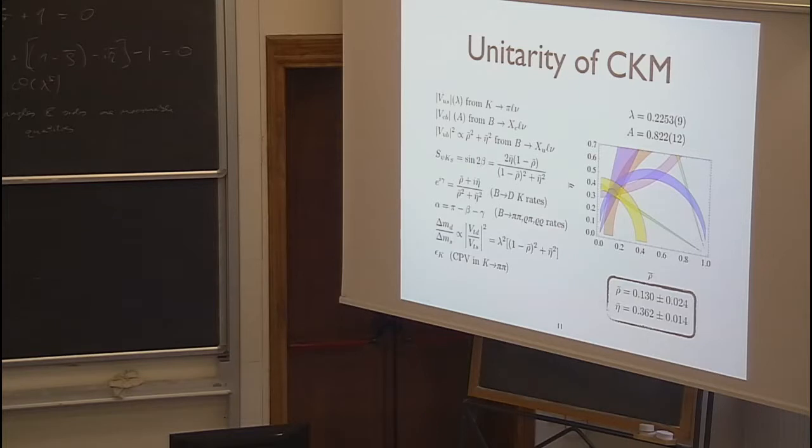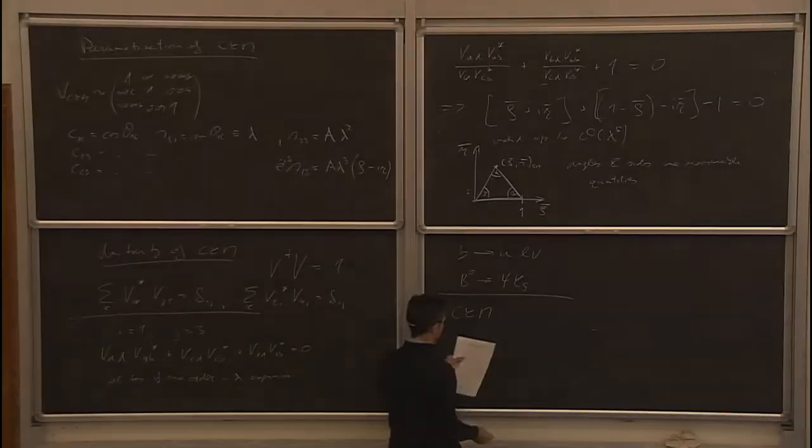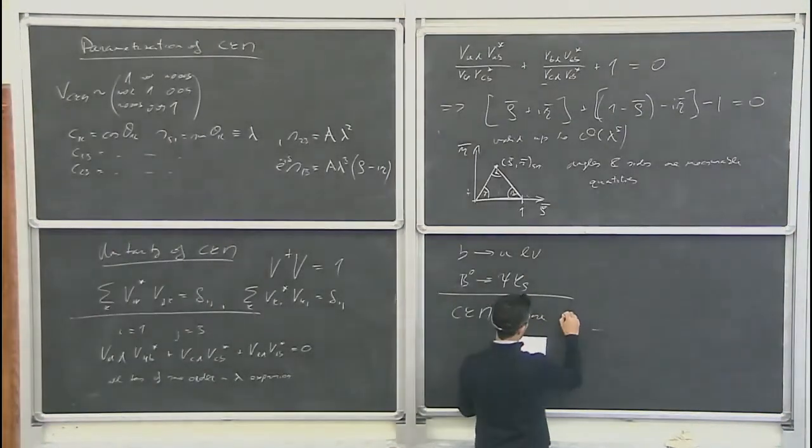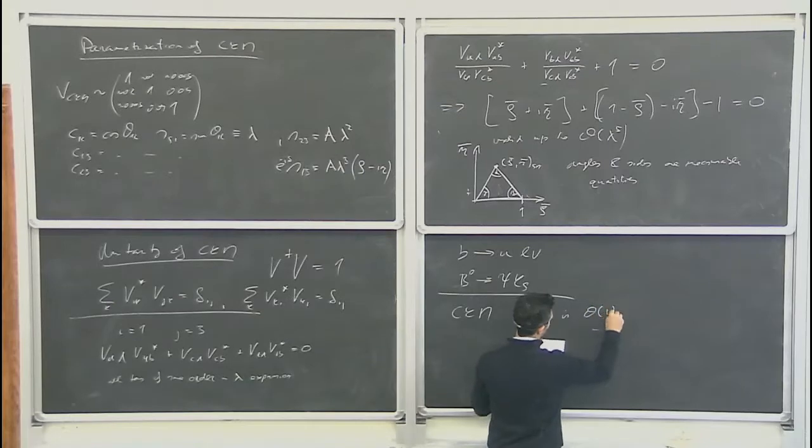It's the one imaginary parameter in the Wolfenstein parameterization, and it's in fact order 1. So CP violation in the flavor sector is actually order 1. The phase is order 1. It's not small. Okay? So the first takeaway is that the CKM phase is order 1.